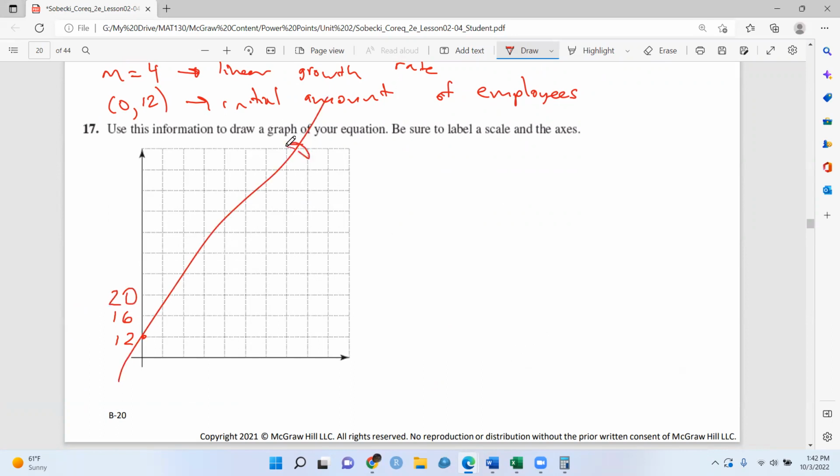Wonderful, isn't it beautiful? What is important, though, is your ability to label the axes and understand what each one means. Months and employees. That is important because that's the context of our graph.